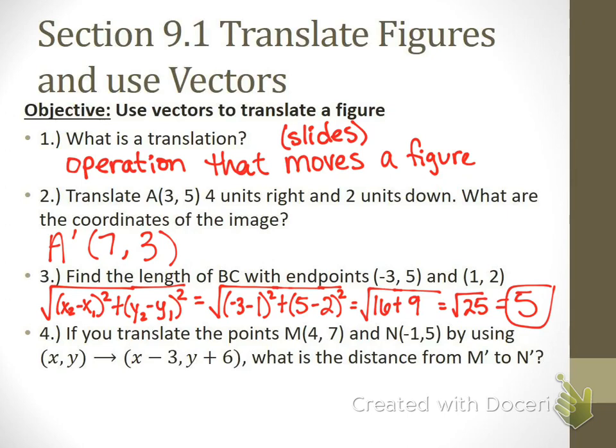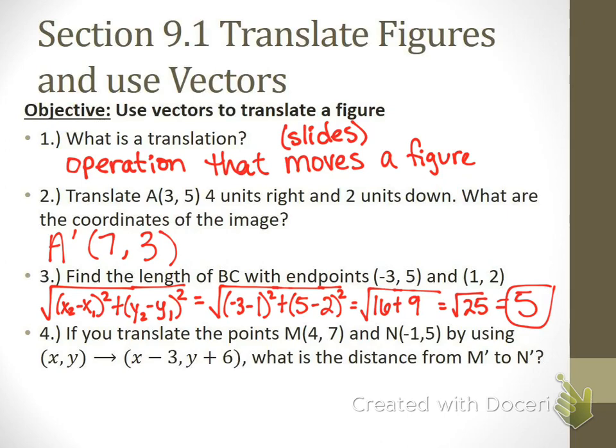On to number 4. If you translate the points M and N by using (x, y) goes to (x minus 3, y plus 6), what is the distance from M prime to N prime? Now, this question is a little tricky because you could make it really long if you wanted to. We could find M prime and N prime, and then use the distance formula.